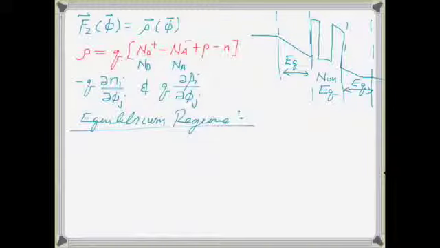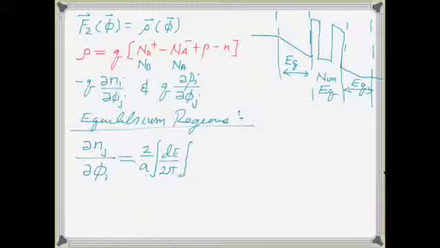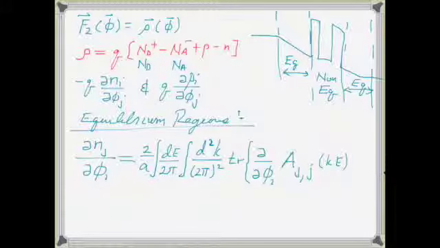So in the equilibrium region, I have dn_j/dphi_i equal to, assuming infinite cross-section in x and y, so I'd be integrating over a two-dimensional k, d/dphi_i of the spectral function times my Fermi factor.